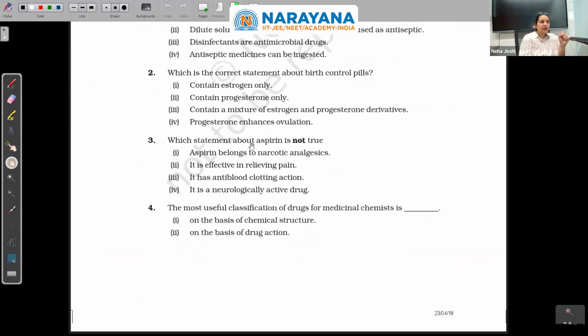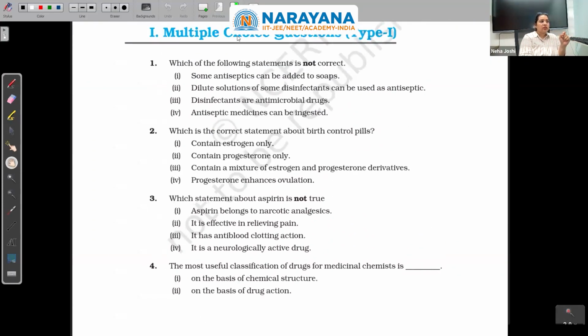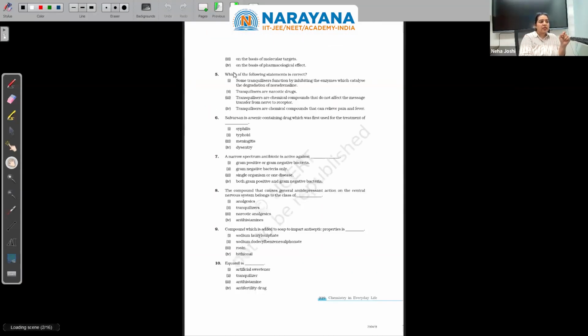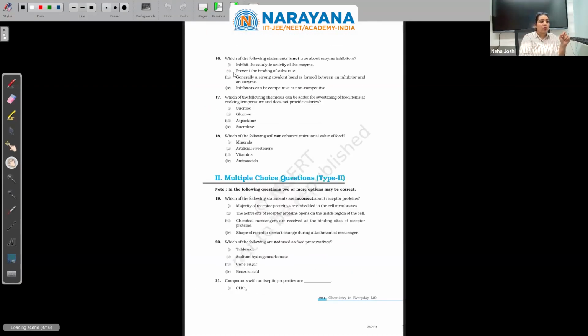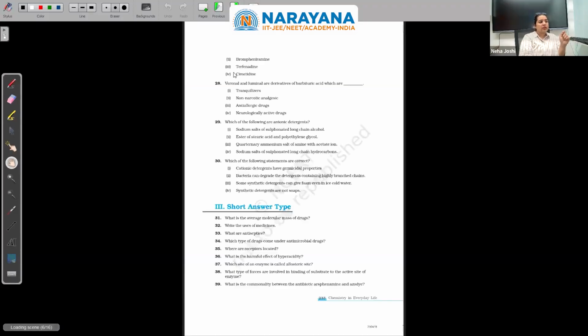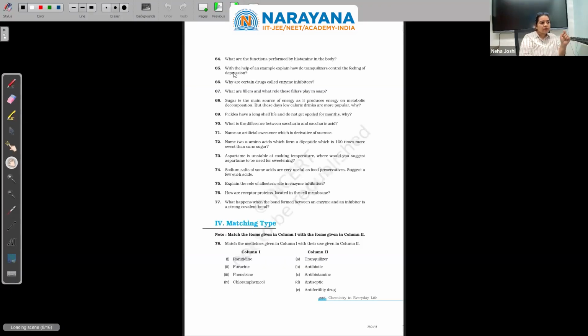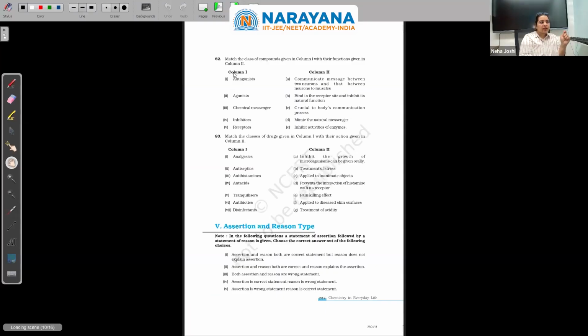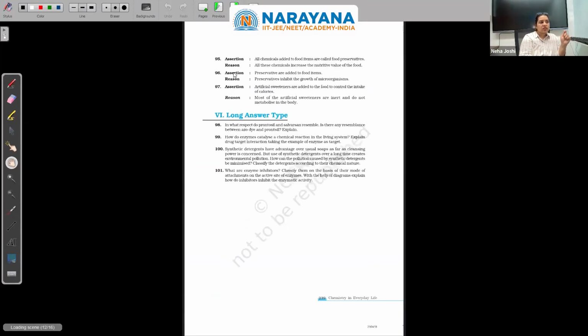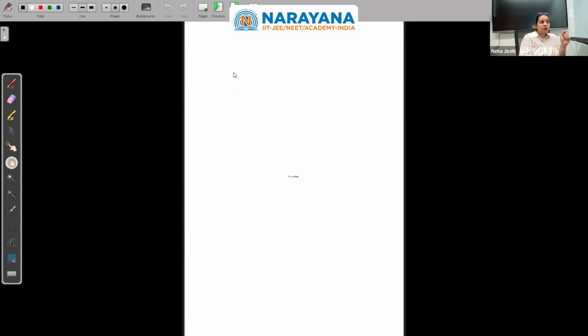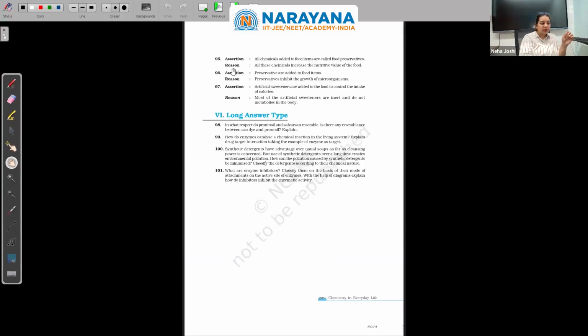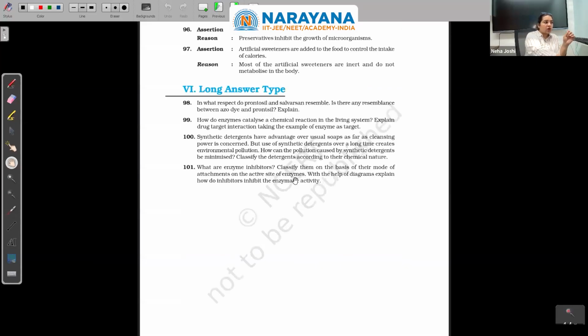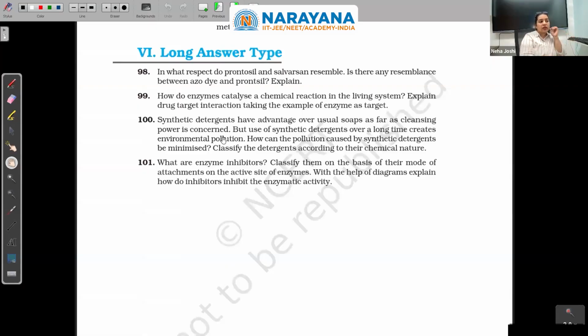But besides that, compulsorily solve this NCERT exemplar, all questions, including the short answers, matching types, reason assertions, and long answers. So you can see you have a very authentic collection of questions for this particular topic from NCERT itself, 101 questions.